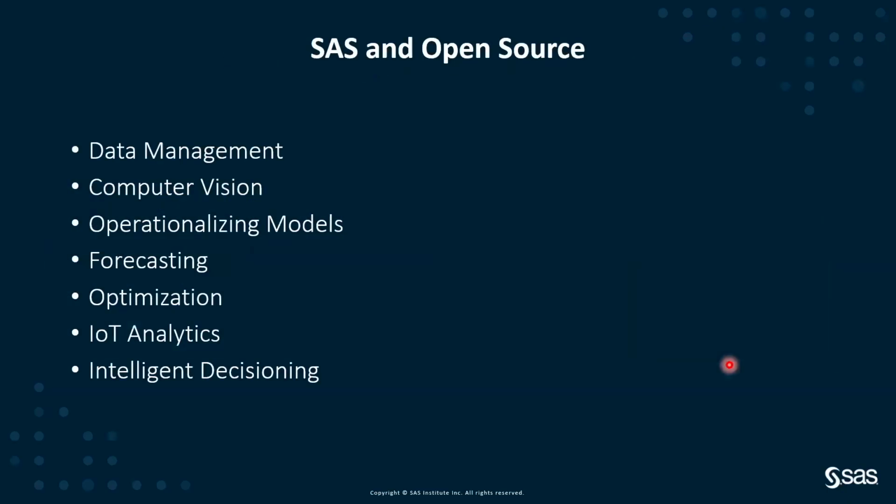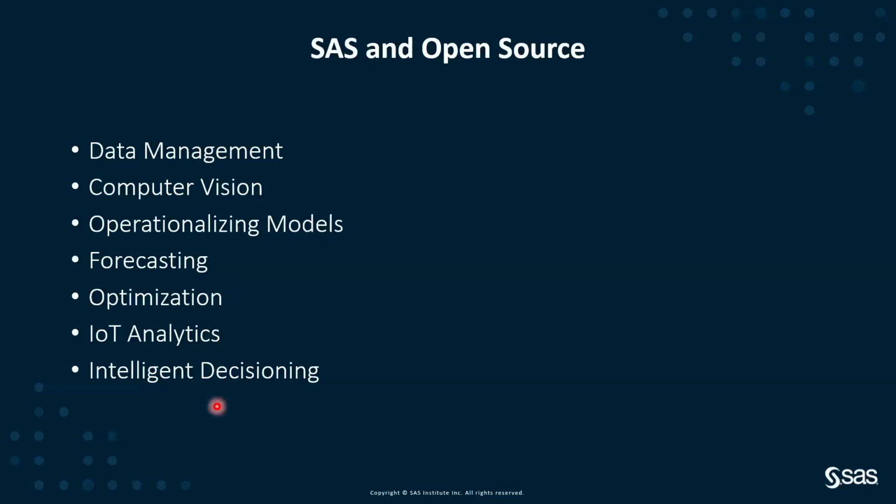Now, when it comes to SAS and open source, remember that in the modern day, we need to still take care of our data. There are computer vision algorithms that are working and pretty much useful in the modern day world, be it operationalizing of the models, or performing forecasting, or let's say optimization requirements, or IoT analytics, or, for example, intelligent decisioning.